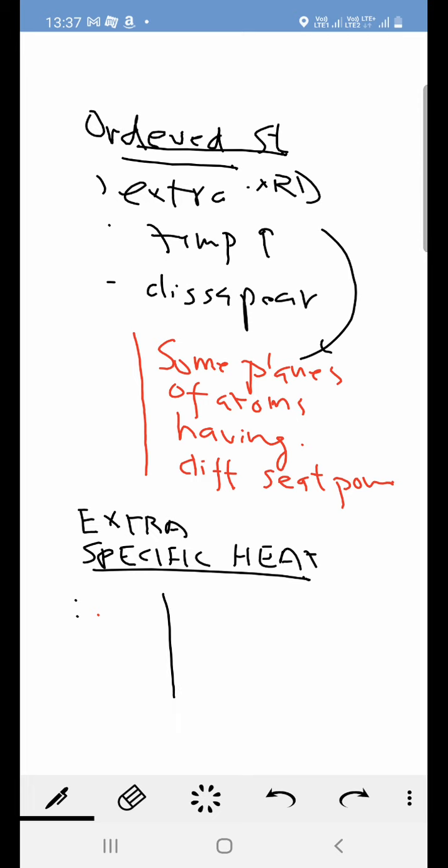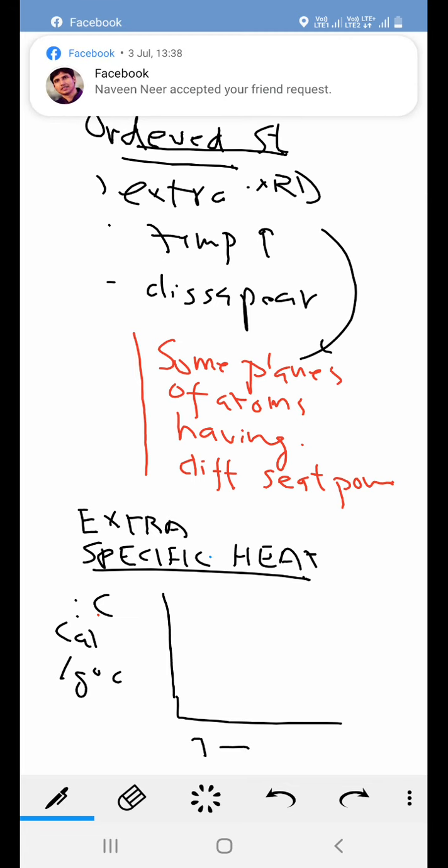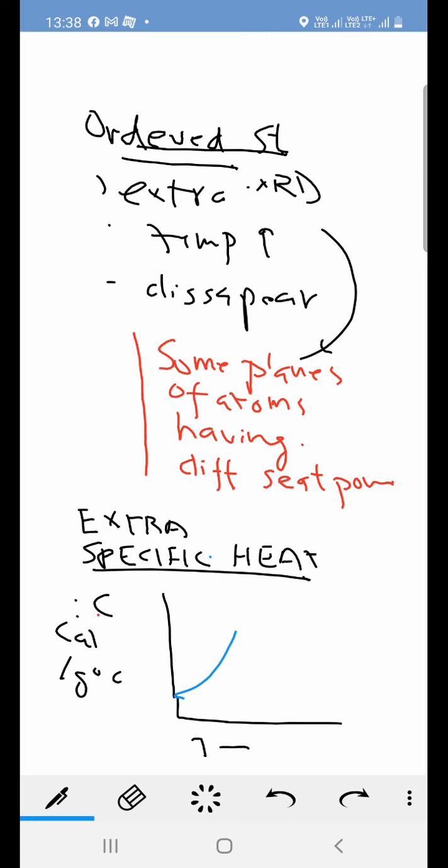So the extra specific heat is, if you plot specific heat C, having unit calorie per gram degree centigrade, with temperature, it will show a peak, and then it will slowly gradually come down.